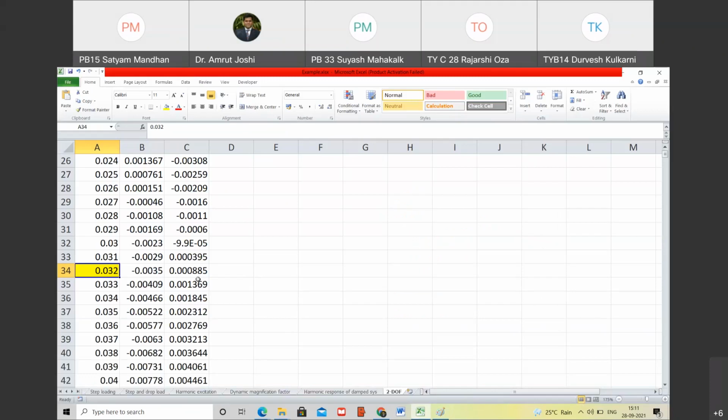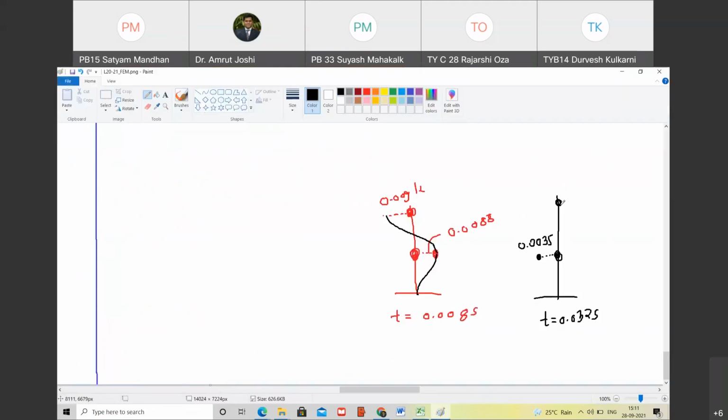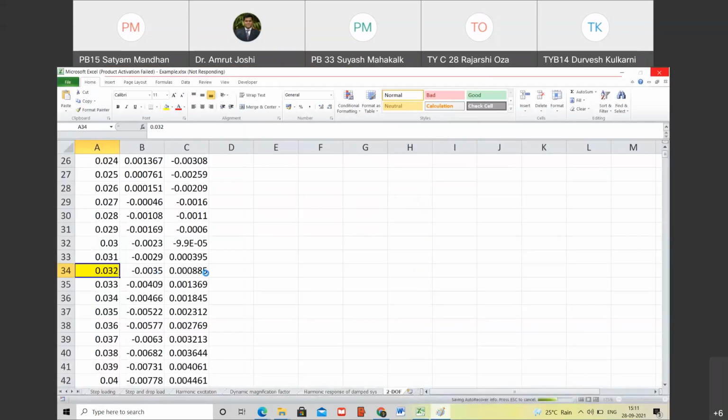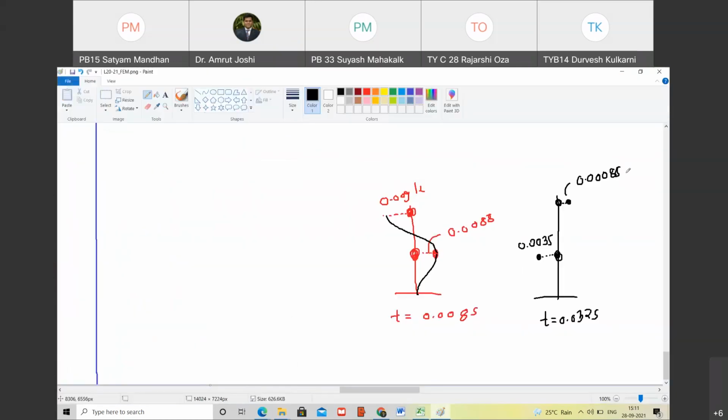So therefore, we are going to show it very close here. This is 0.000885. Happy?